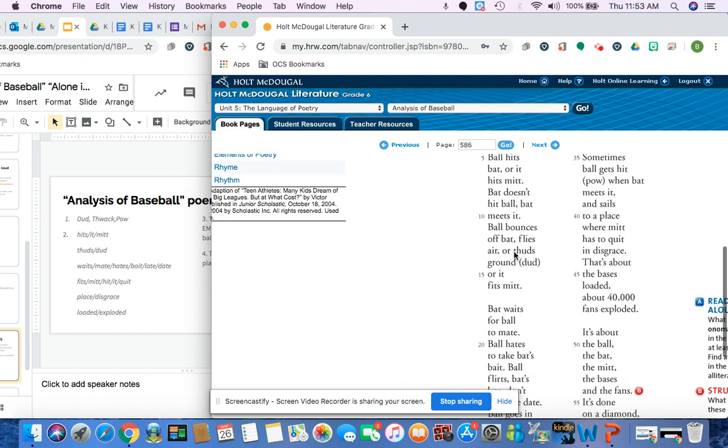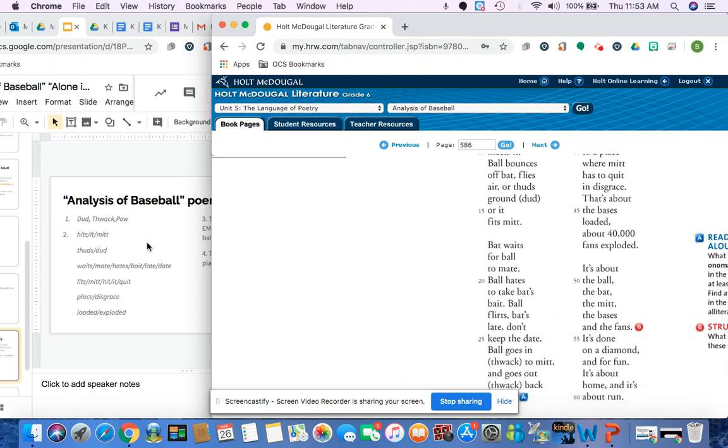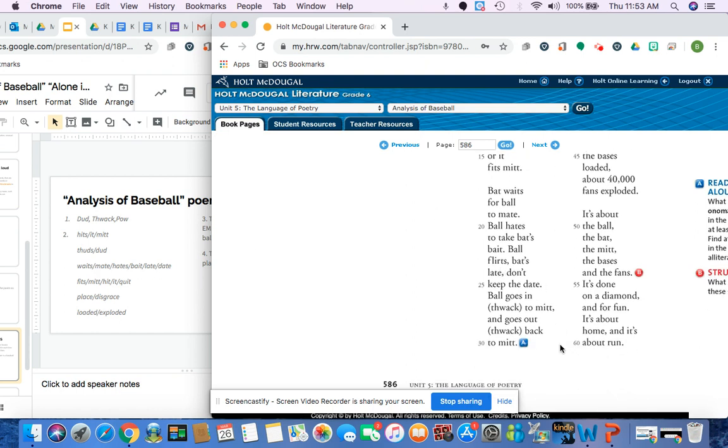Moving on to lines 11, 12, 13, and 14. Thuds, duds. Again, same pattern. It's the last 2 words in those lines that rhyme. The other part, there's a whole bunch right here: waits, mates, hates, bait, late, date, and that's all in this second stanza. So there's a lot of rhyming going on here.